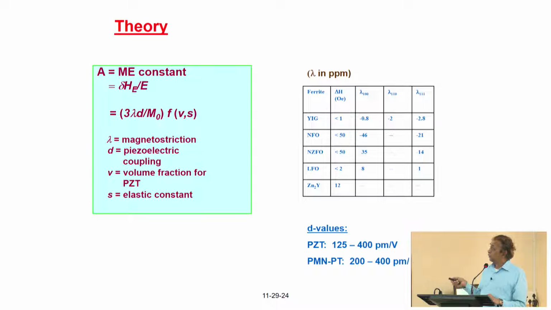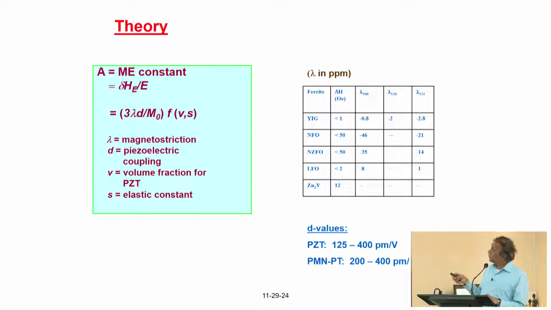Nickel zinc ferrite also has a large line width, and Y type zinc 2Y has a reasonably good line width, but these are all single crystal films. If it is polycrystalline, they are no good for device applications. The line width is too high, and it is not going to work.